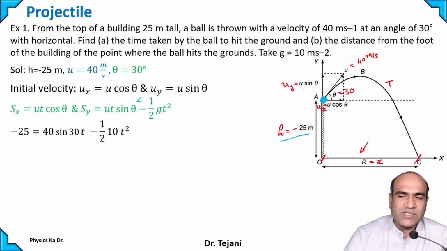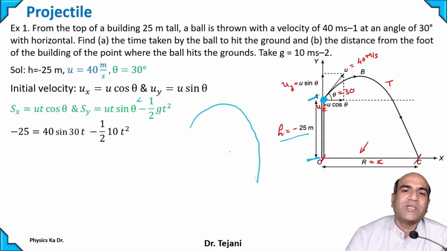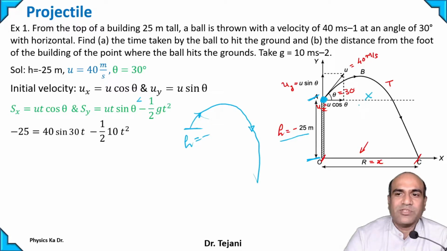So you just need to consider the height from the ground to the point A. And here, when you consider a two-dimension movement, where the object is going up and moving down, at that time you consider height as negative, because our x starts from this position and what is below this is to be considered as a negative value. So whenever you see the object moving up and down, height is to be considered as negative.